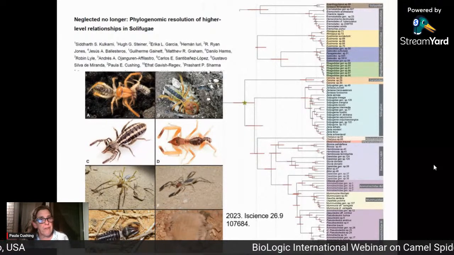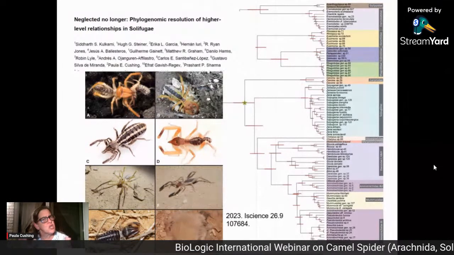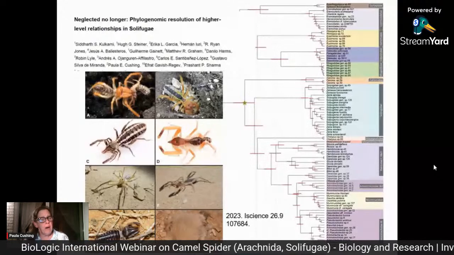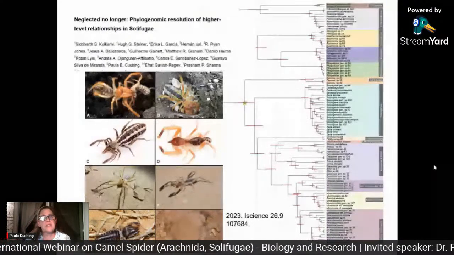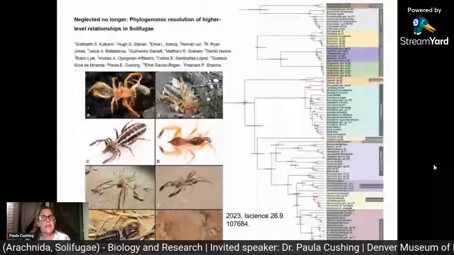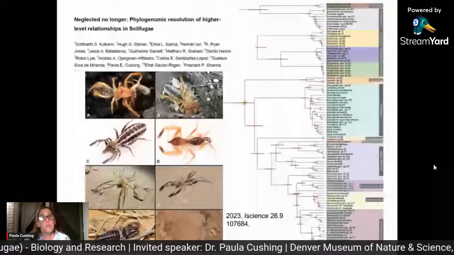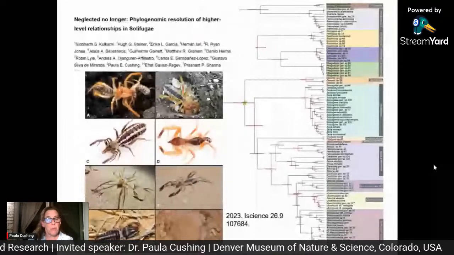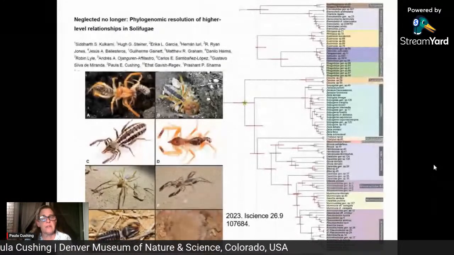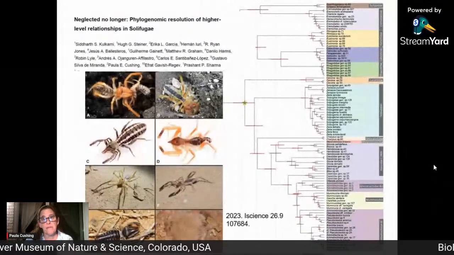So there are some families that do not seem to be good biological entities. They do not seem to be good monophyletic taxa. But this is a really fantastic piece of work that gives us some information about what we need to do going forward to better understand the relationships among the 12 different families of Solifugae.